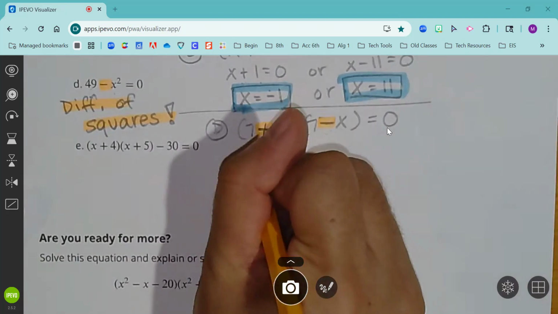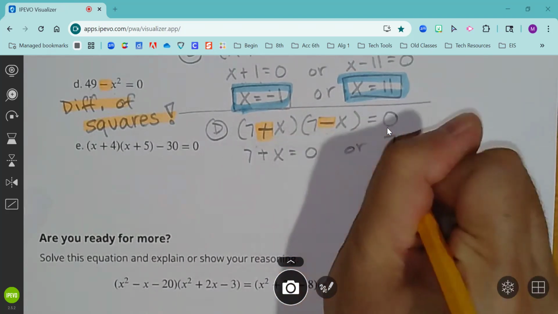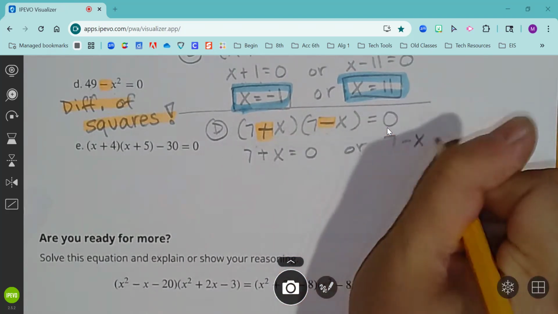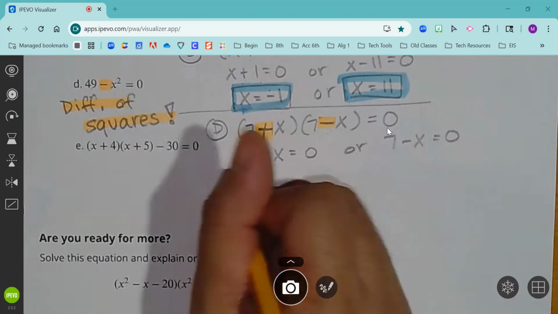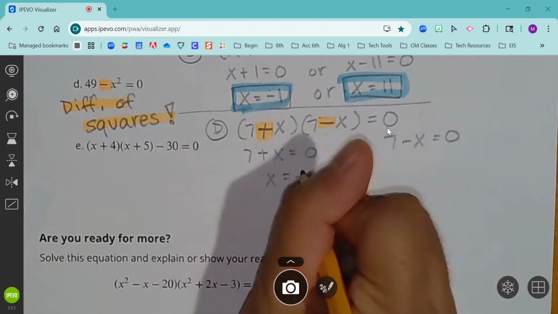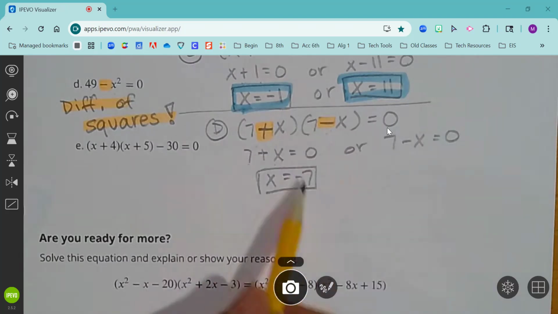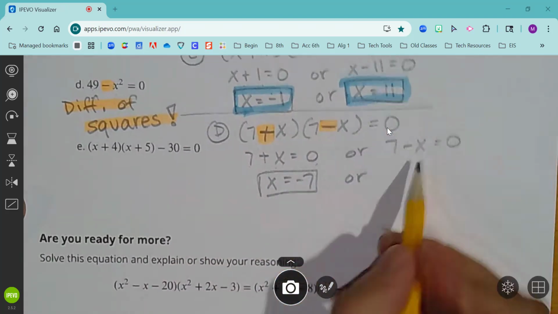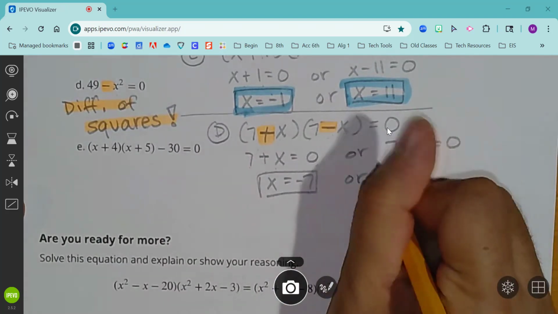So 7 plus x equals 0, or 7 minus x equals 0. Well, if I add -7 on both sides, I'm getting -7 here, right? Because 7 plus -7 gets me 0, or x equals 7, because 7 minus 7 equals 0.